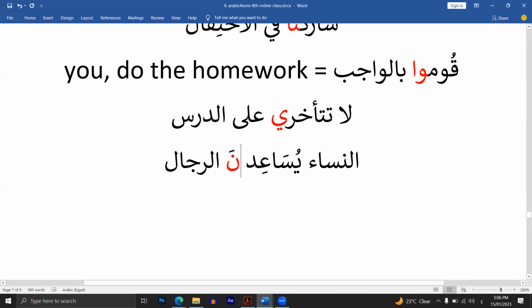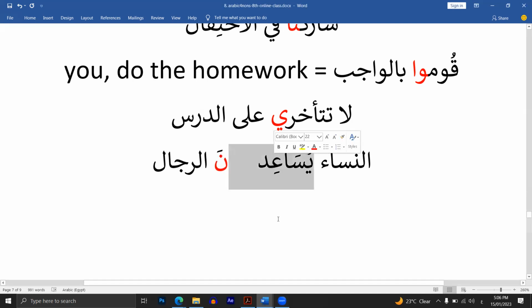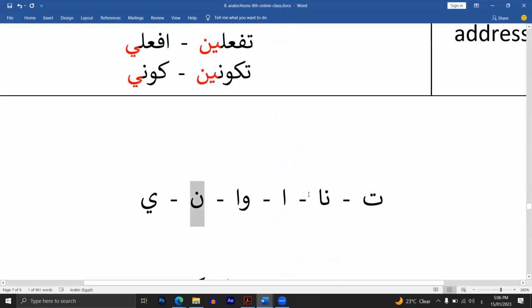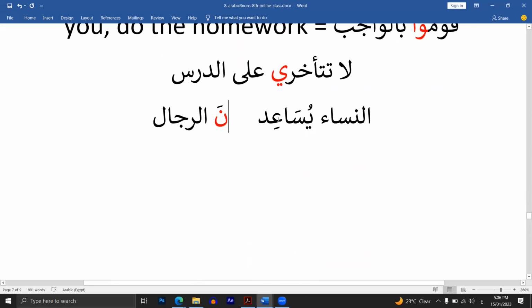How can we know? Just make a space between the verb and the pronoun. What is the first letter you see? Noon. So we are talking about nun niswa. And let me ask you, this verb يساعد, what is the type of the verb? Is it past, present, or command? It's present, because it starts with one of the present letters.